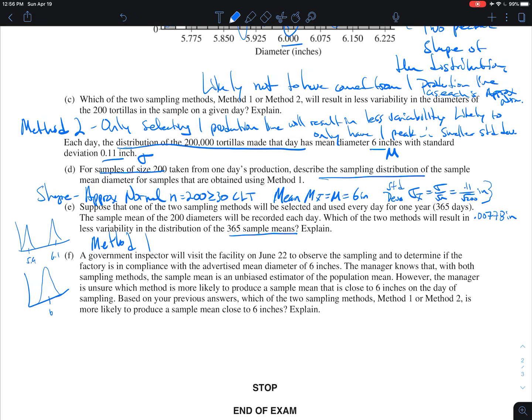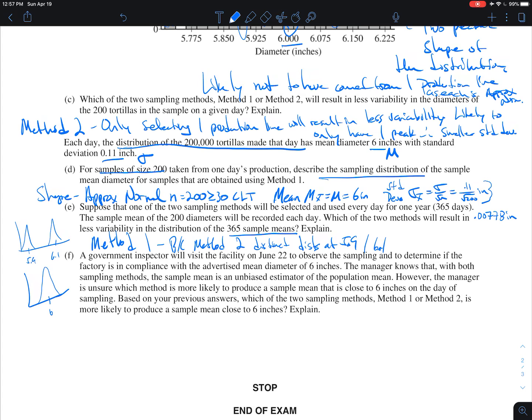And we described a lot of the reasons in the previous part, but method 1, for the reasons we described in part D, also to say method 1 is better because method 2 will have two distinct means or distributions at 5.9 and 6.1.